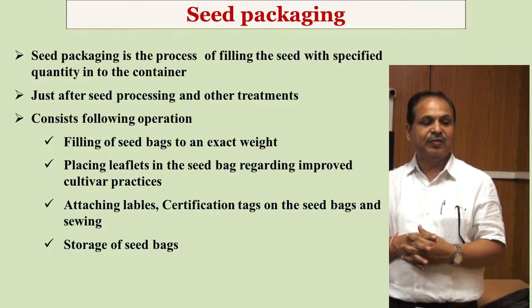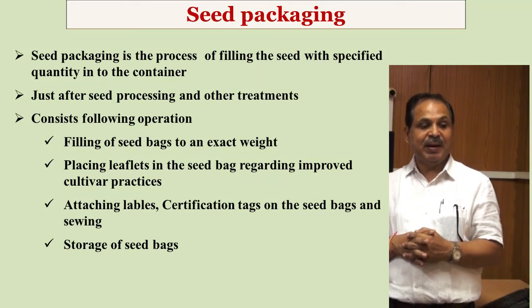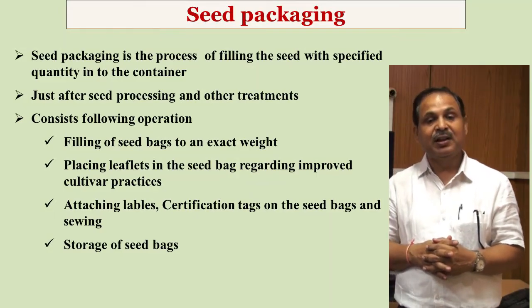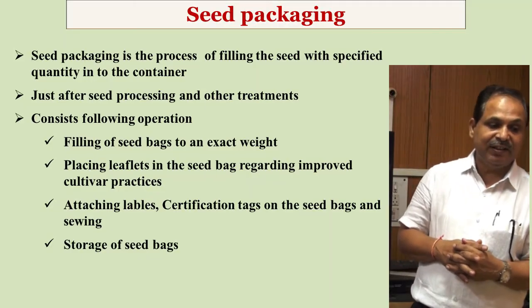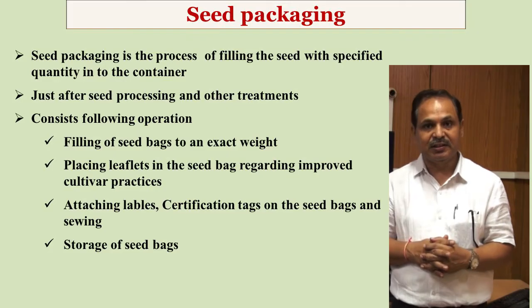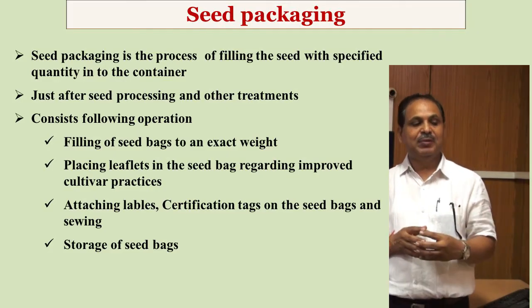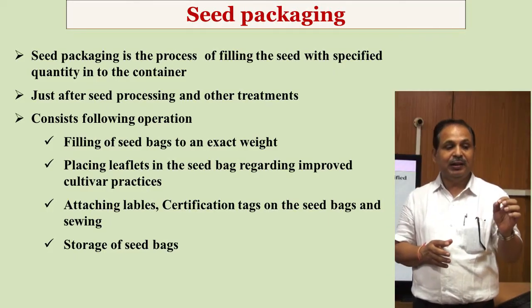This consists of the following operations: filling of seed bags to an exact number, which may be manual, automatic or semi-automatic. Placing leaflets in the seed bag regarding improved cultivation practices is essential, so that all information is available during packaging.